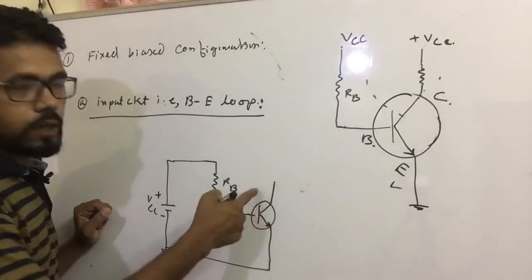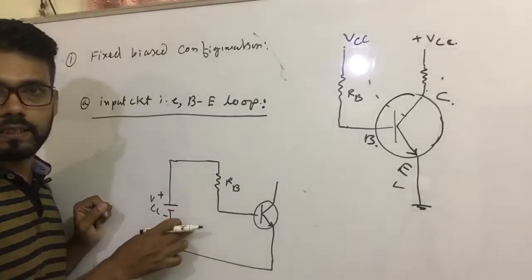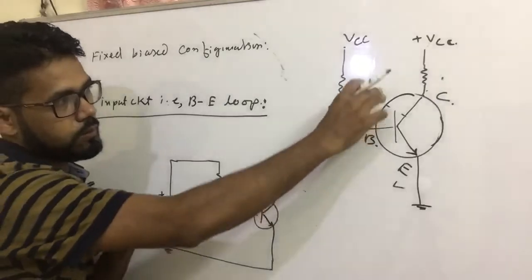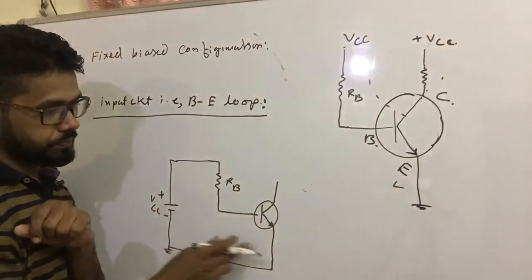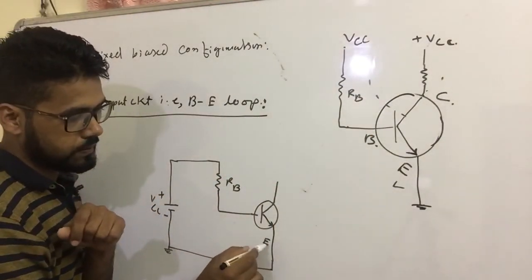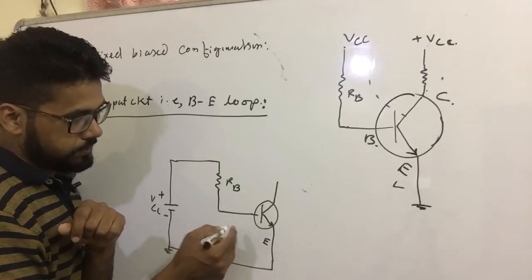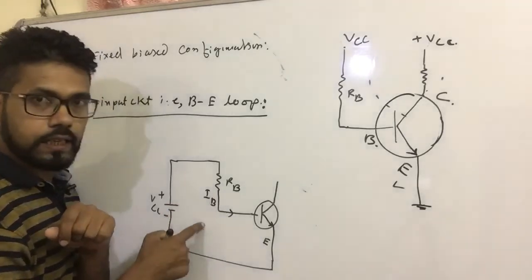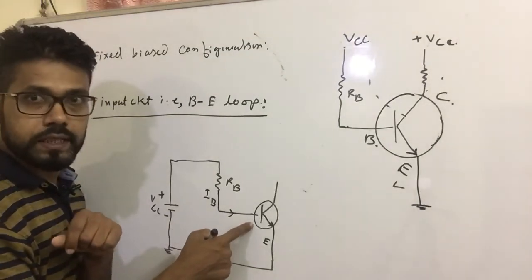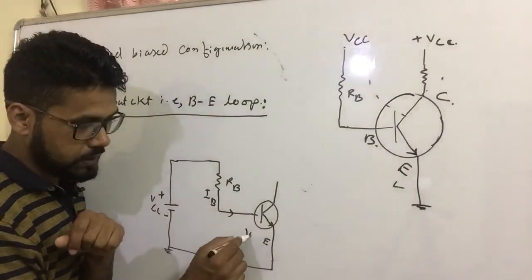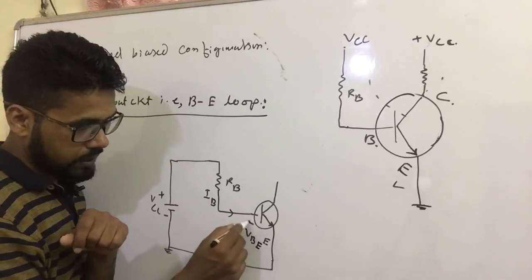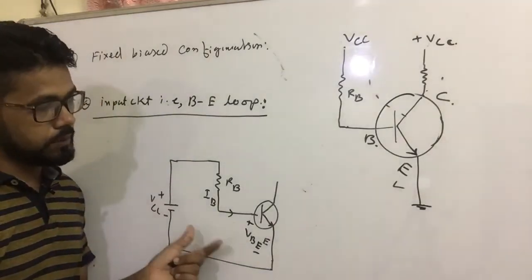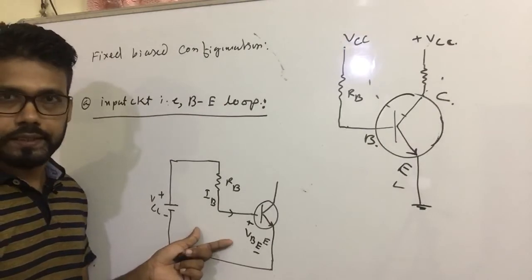Then I will discuss the output later. First I will discuss the input part. This is RB and this is the transistor. There will be IB current, and there will be base emitter voltage VBE, plus and minus.